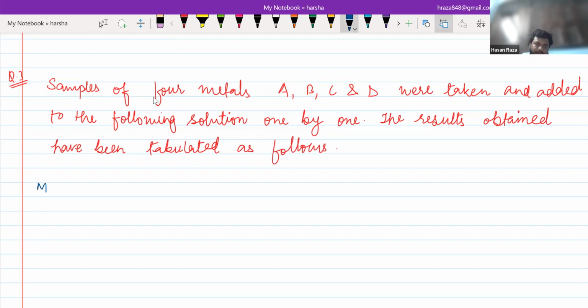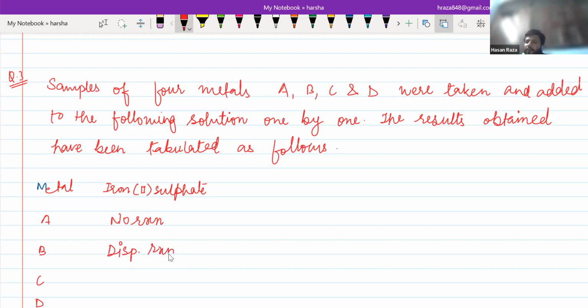These are metals, metal A, B, C, and D. Then here comes iron 2 sulfate. No reaction. Displacement reaction.